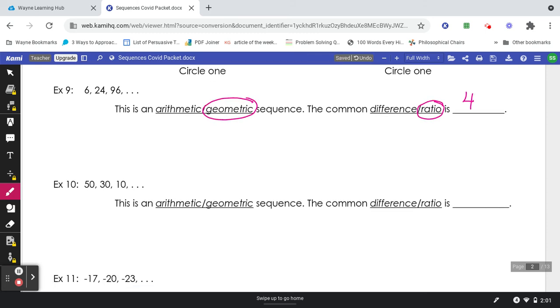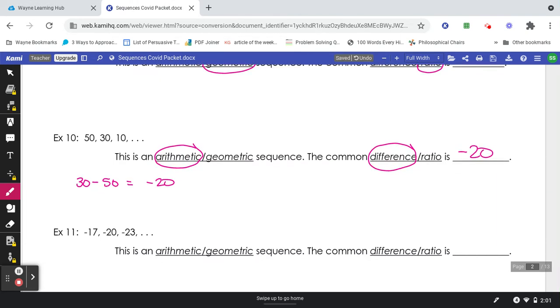All right, the next one, 50, 30, 10. It looks like the numbers are getting smaller, but I think those are subtracting a number. So I'm going to do 30 minus 50. To get me negative 20, and that would be my common difference. And it would be arithmetic.